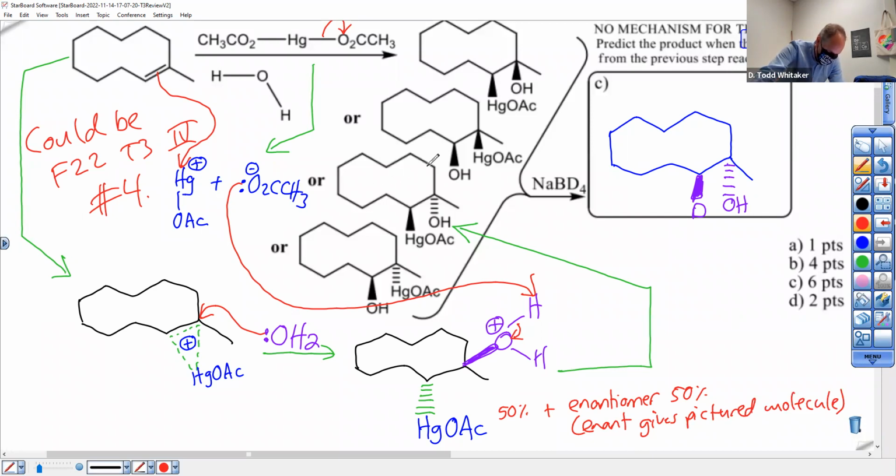Pictured means this picture right here. I'm just trying to make it clear why it looks like the bonds were reversed. And that's a D. It doesn't look like a D. I want to make sure it looks just like a D. Remember, NaBH4 replaces mercury with a hydrogen. NaBD4, same chemical, different isotope of hydrogen.